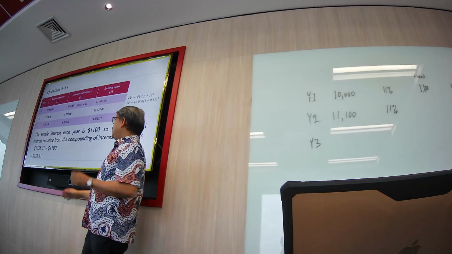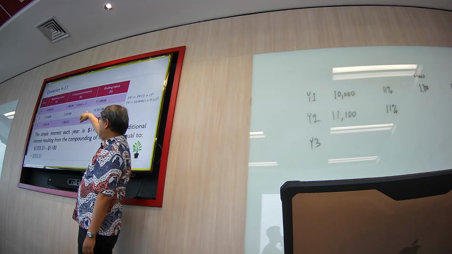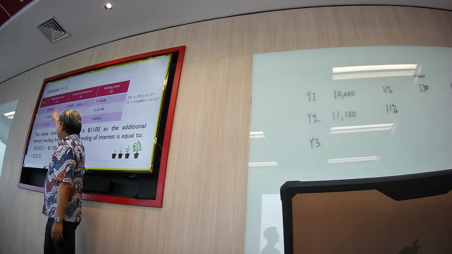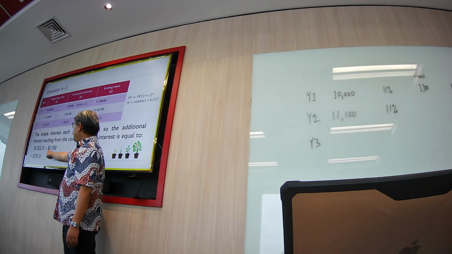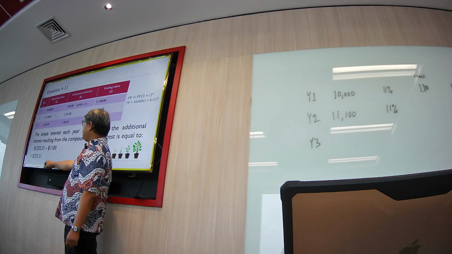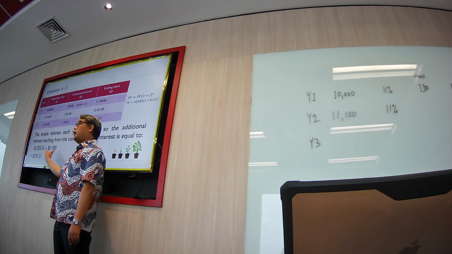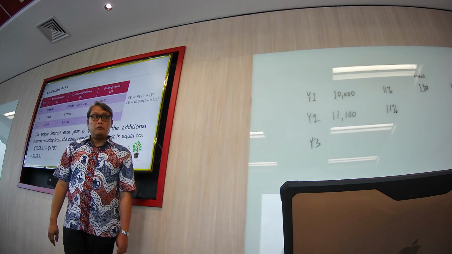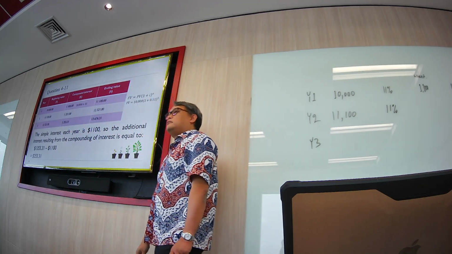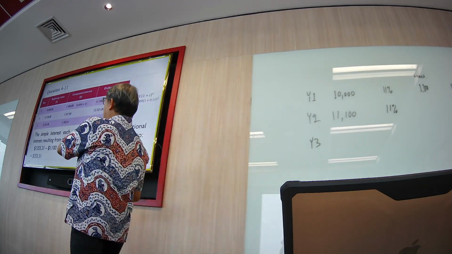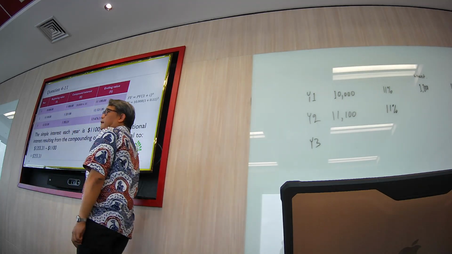So the difference between the compounded interest and simple interest is the initial value times the 11%, 1,100 each year, and the total is 1,355. Then you just subtract 1,355 with 1,100, so the difference is 255.